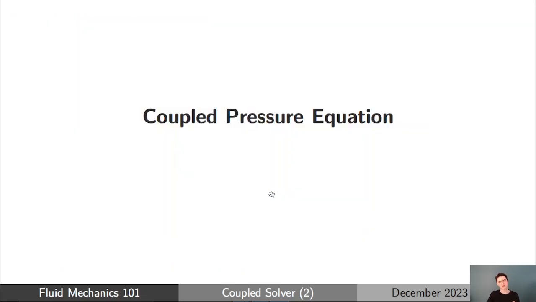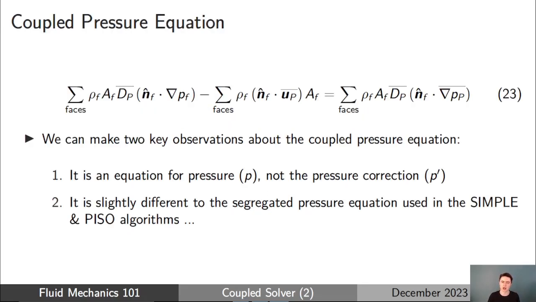And actually what I want to do is just make a few other simple observations of this coupled pressure equation. Again, I don't want to go into detail because I think that might be confusing and it's really beyond the scope of this talk, but there are a few observations we can make which will really help our understanding. And the first observation we can make about this coupled pressure equation is that notice that the unknown variable here, the P, is the pressure itself.